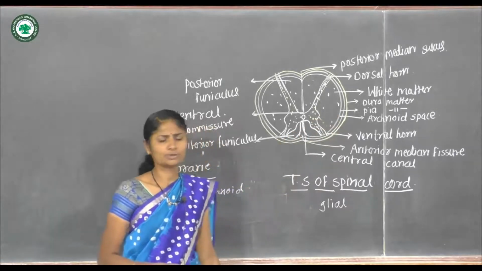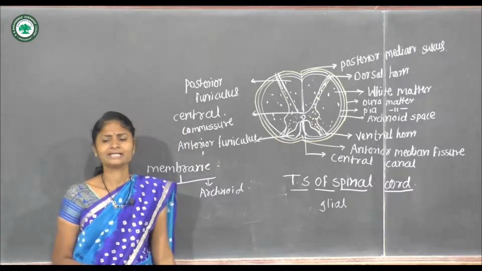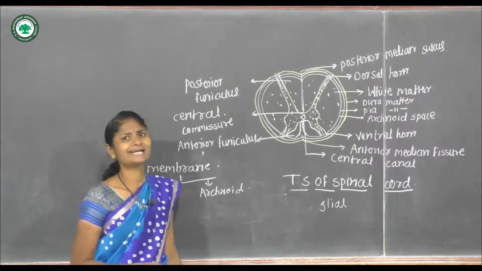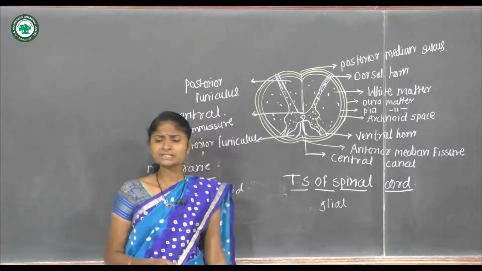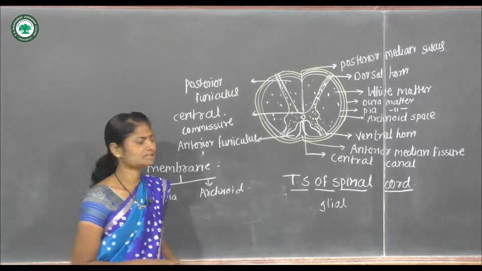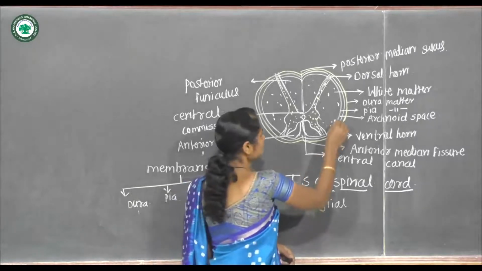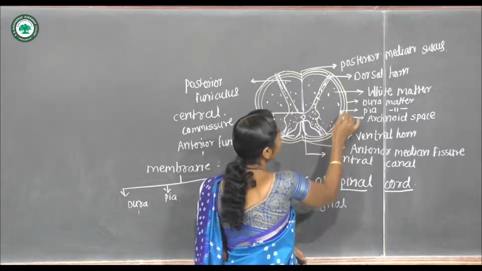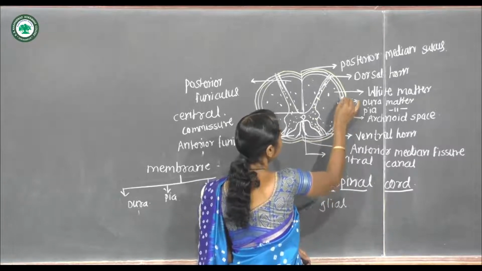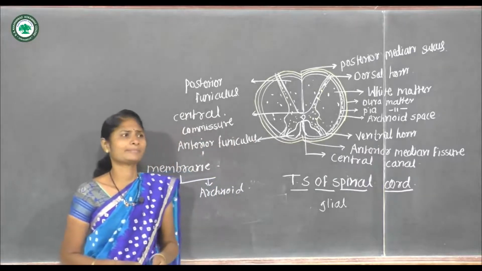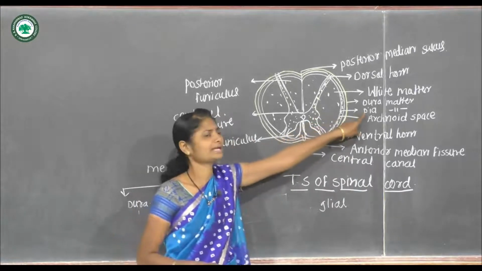This is the innermost and delicate membrane, mainly consisting of interlocking collagen fibers, and a fine network of elastic fibers is also present in the pia mater.